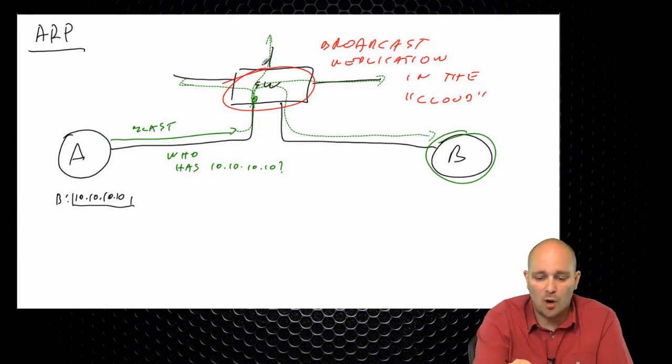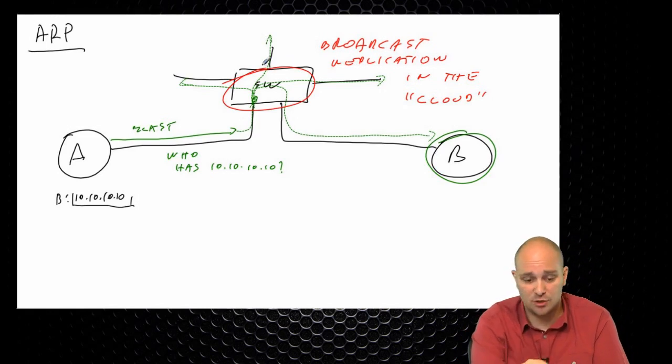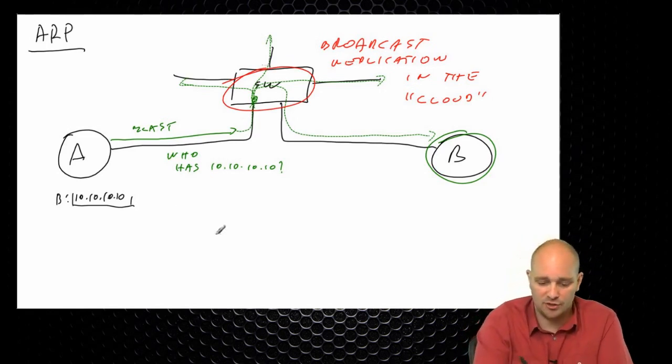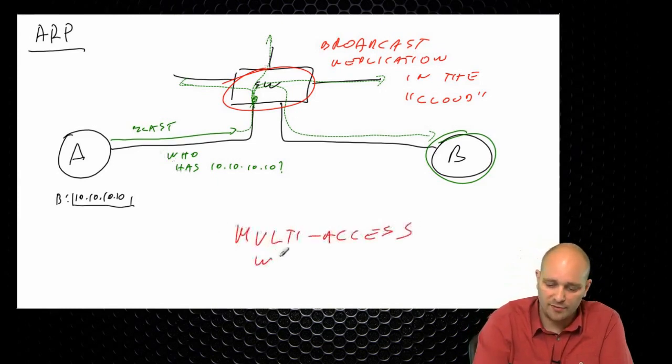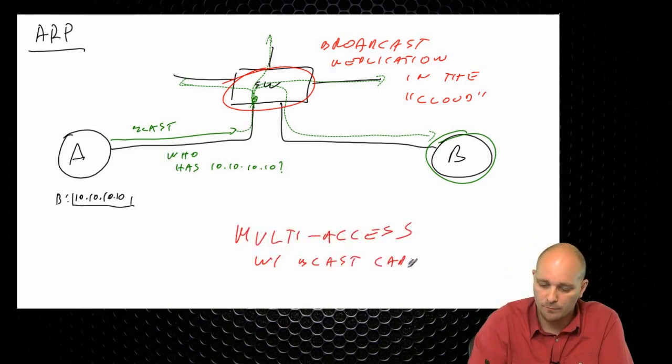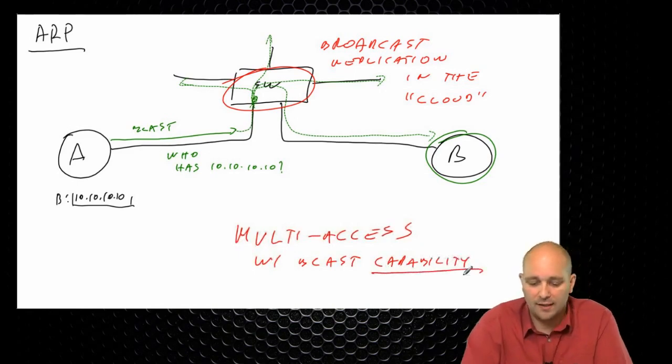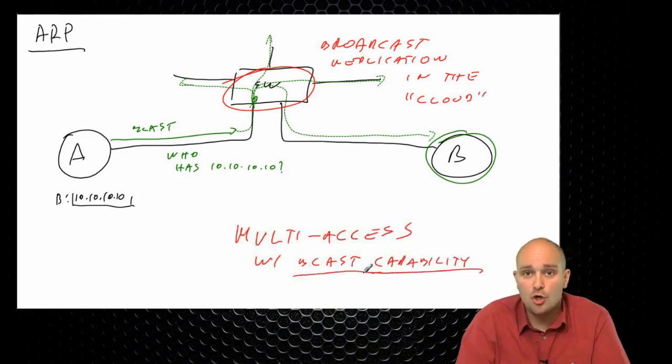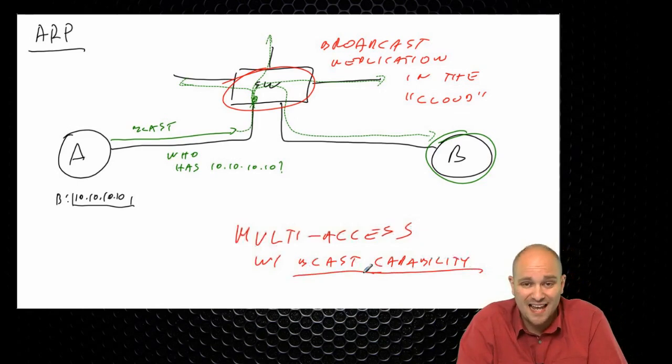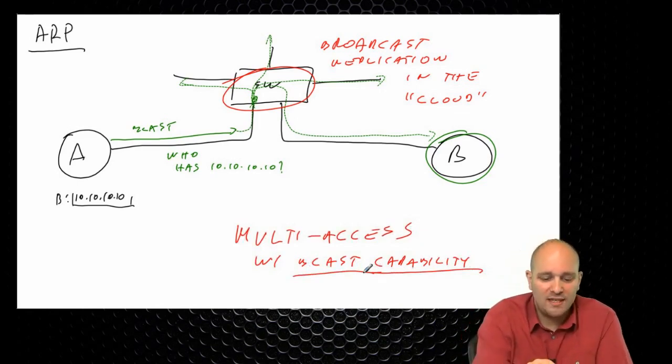Now, the reason why this works, why this is so simple, is because Ethernet is a multi-access network with broadcast capability. Now, Frame Relay, on the other hand, is a non-broadcast network, which means it's a multi-access non-broadcast network, which means we cannot do this.